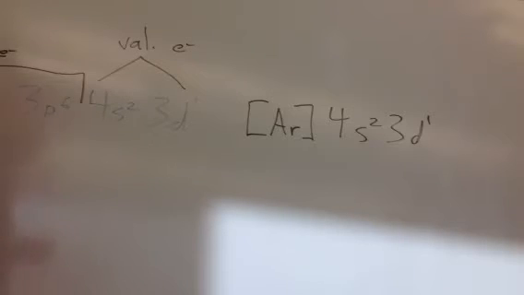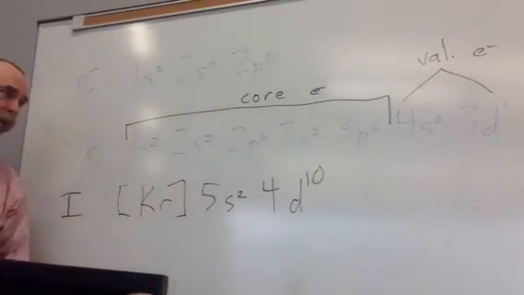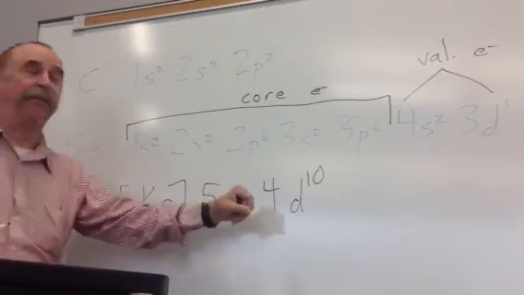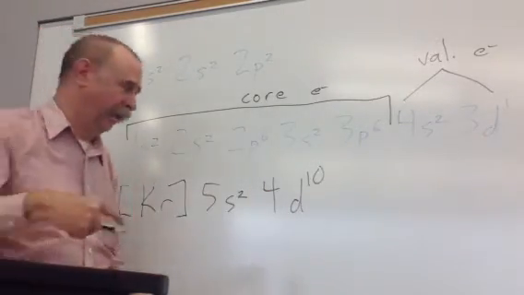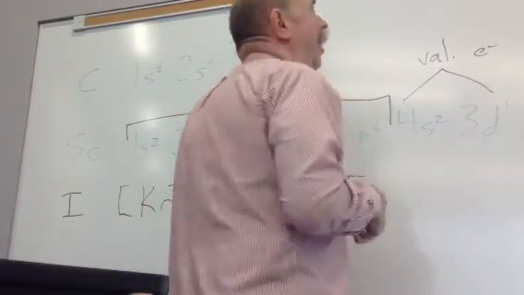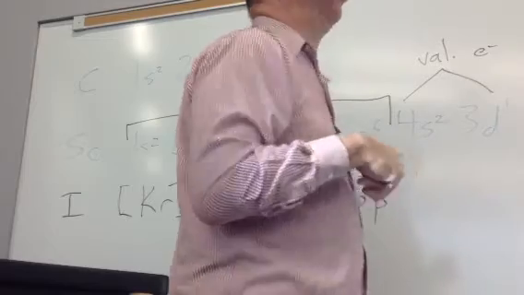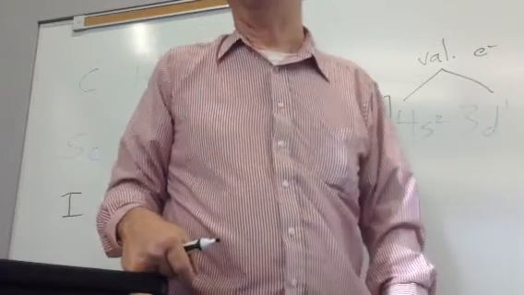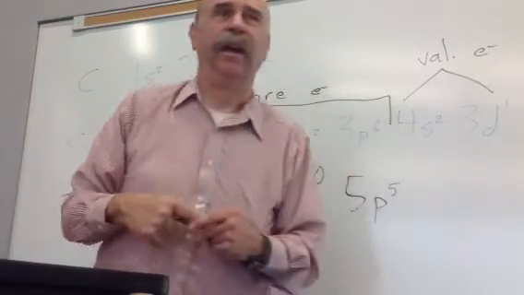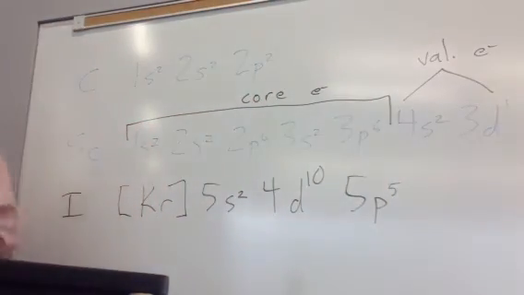What comes after the 4d's? 5p's. The way we're reading it, we're going through the fifth period. So the fifth period is the 5s's, the 4d's, and the 5p's. How many blocks across will I have to go to get to iodine, including iodine? 5. So 5p5. Pretty easy to do. Most people get this down pretty easily.